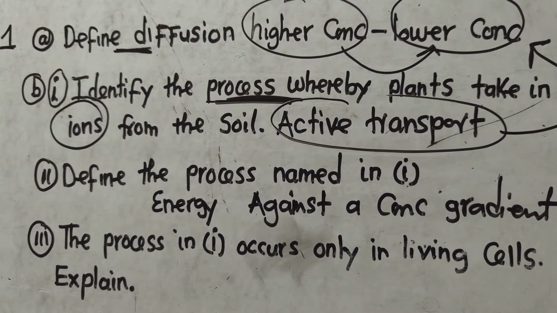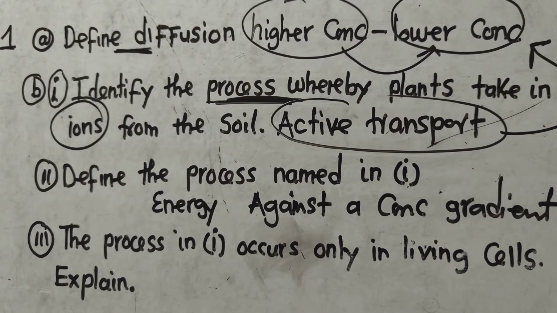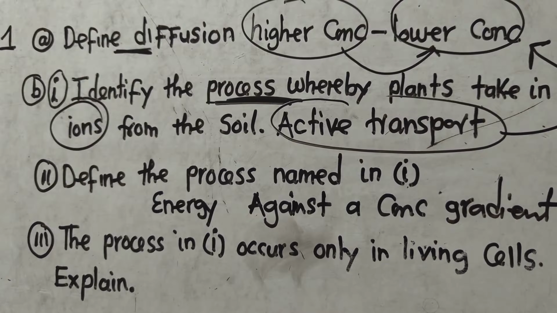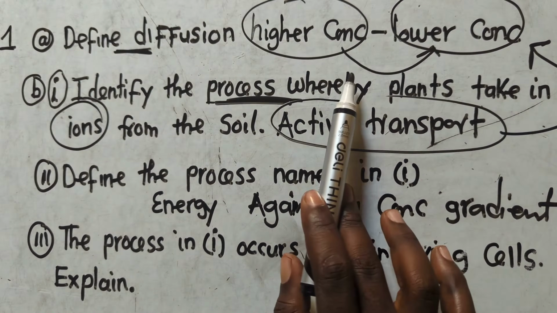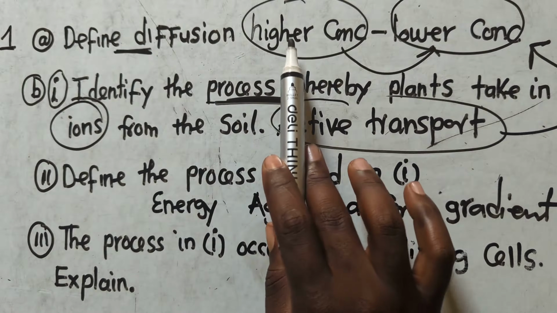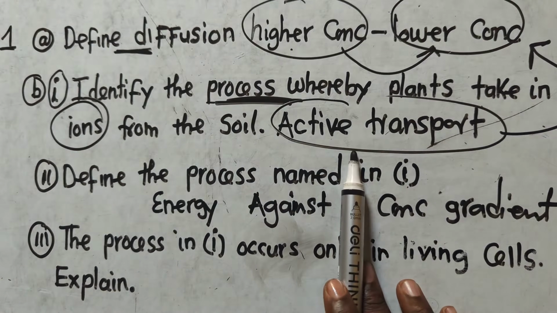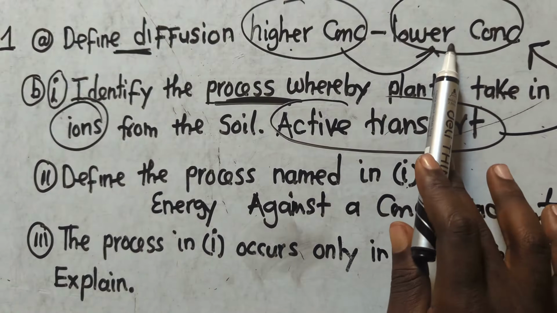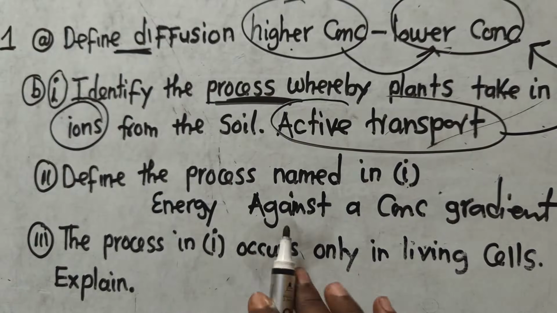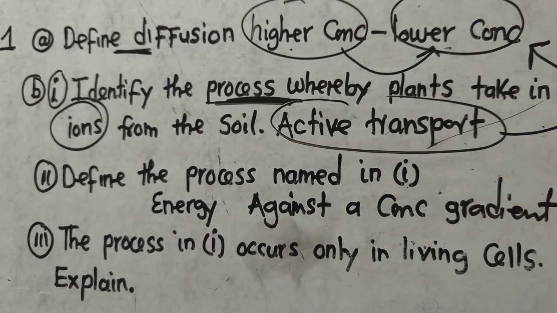You now understand that these are able to move from a region where we've got lower concentration to a region where we've got higher concentration. Like I've told you, this is against that. Diffusion is from higher to lower, but active transport is from lower to higher. This is the reason I've said this one is against a concentration gradient. Energy is being used to move particles of a substance from a region of lower to higher. This is what you need to understand.